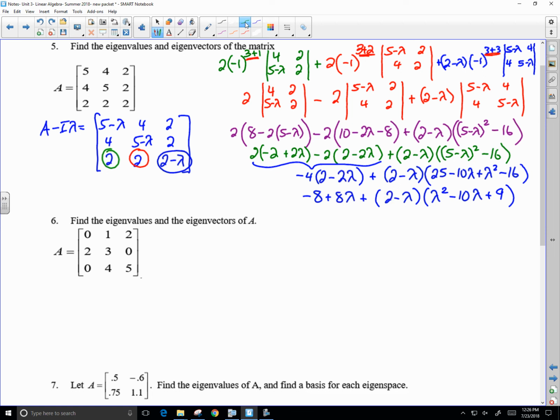Well, that is factorable, right? Let me see about that. Because I can pull out a -8 from the first guy and get a lambda minus 1.